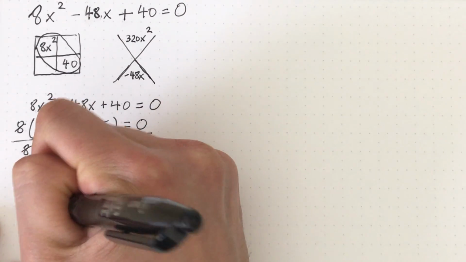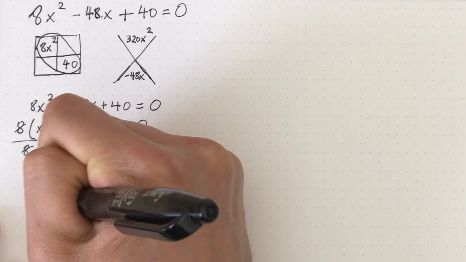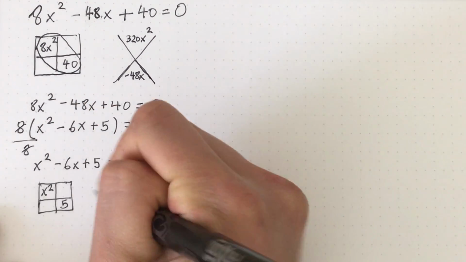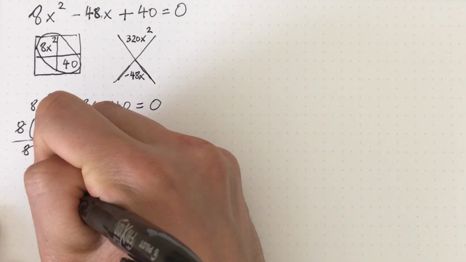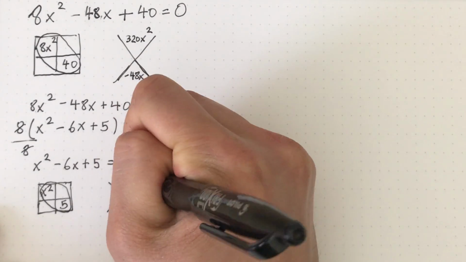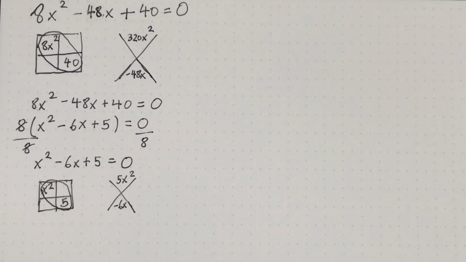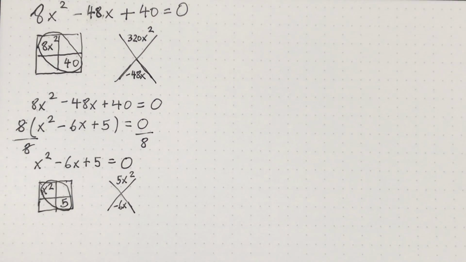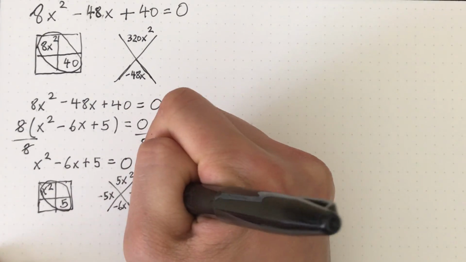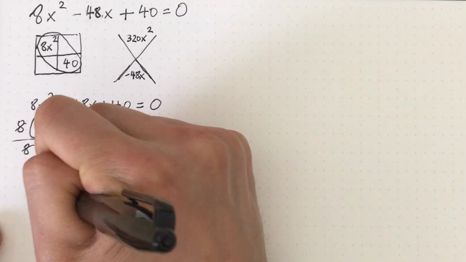So let's use the Xbox method. x squared goes here, 5 goes here, multiply these to get 5x squared, and negative 6x on the bottom. Okay, what two numbers multiply to 5x squared and add to negative 6x? That's negative 5x and negative 1x, or just negative x. Then let's put these in the boxes.